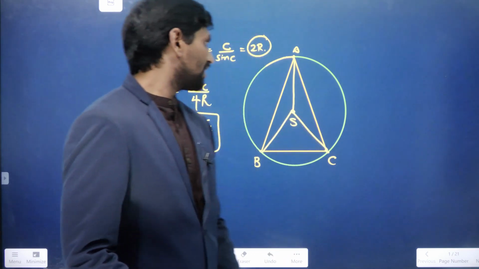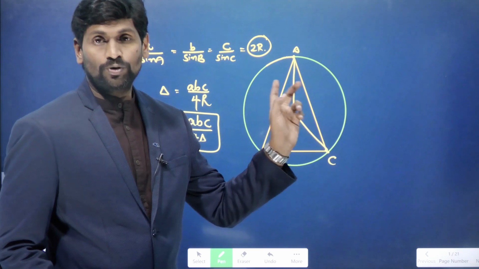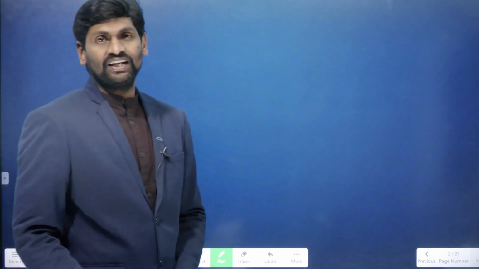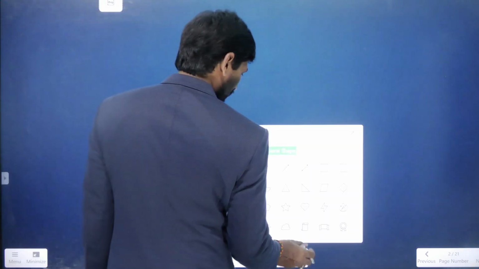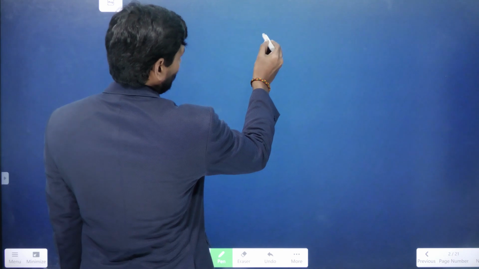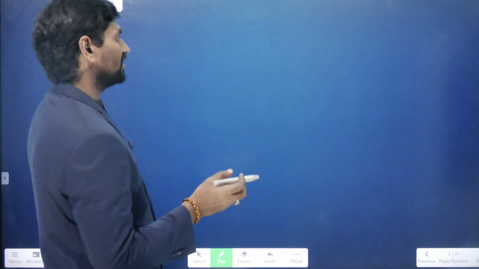Now let us discuss the incircle, because the circumcircle is done. Okay, see the incenter, that is nothing but the circumference of a circle that touches the three sides of a triangle.